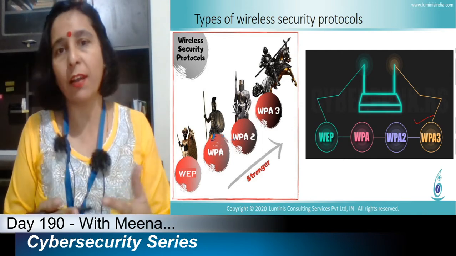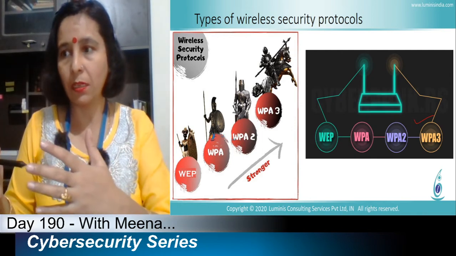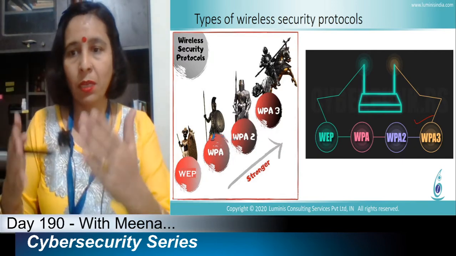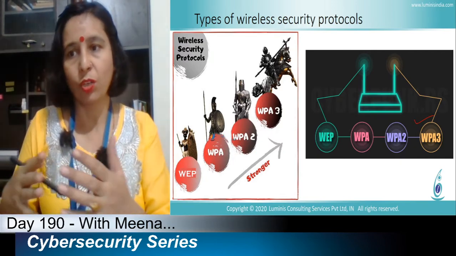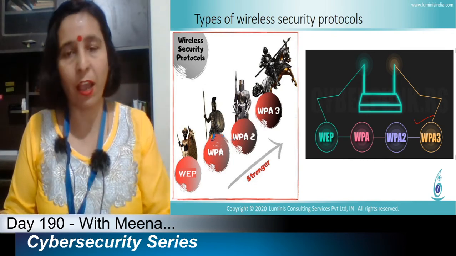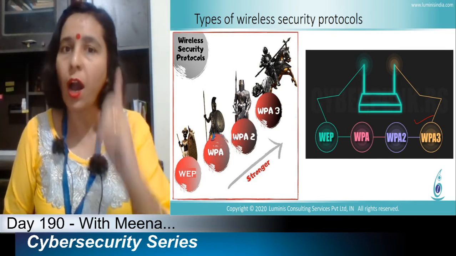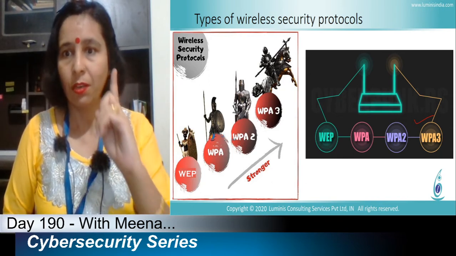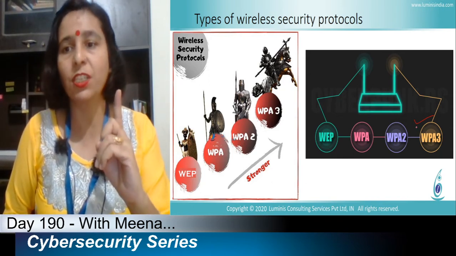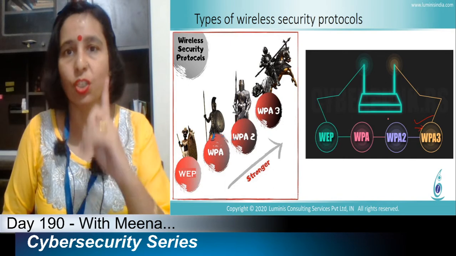If you have purchased your devices after 2018, you might have that option in your Wi-Fi devices. If you have those security methods, just apply them because it is the strongest.